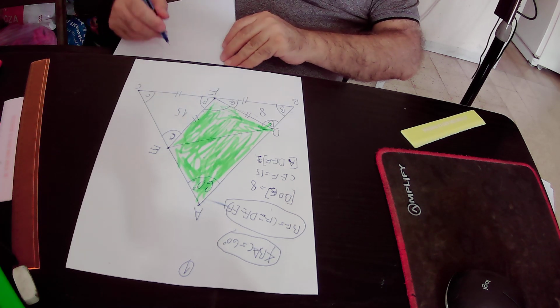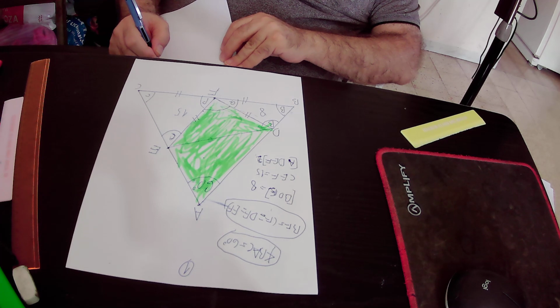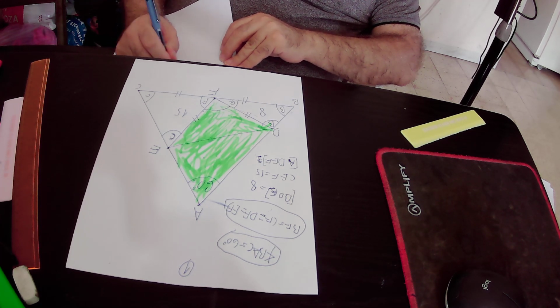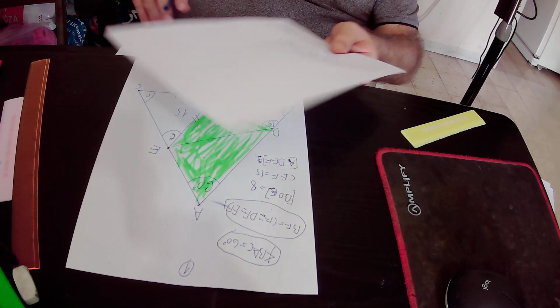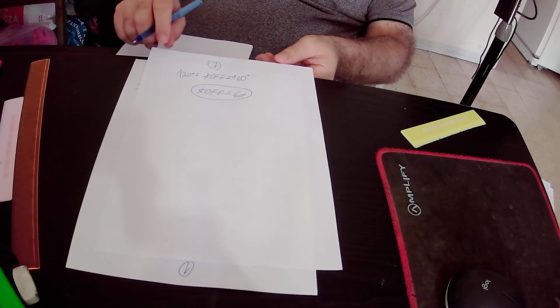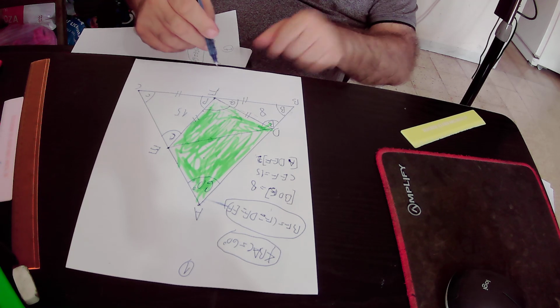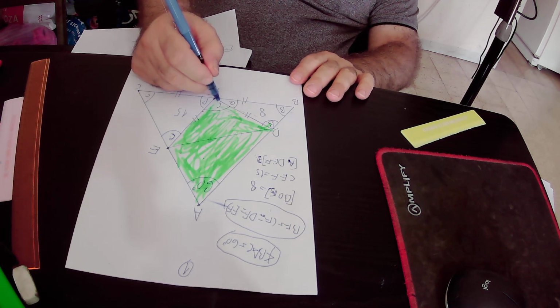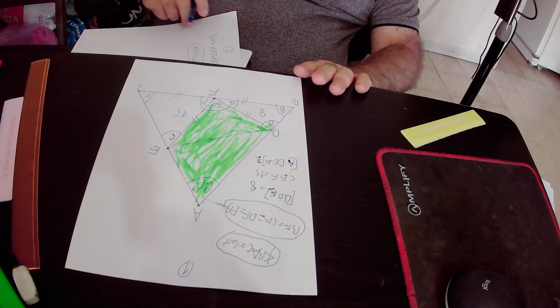So angle DFE equals 180 degrees minus 120 degrees, which is 60 degrees. Again, 180 degrees minus 120 degrees equals 60 degrees. So we found out that angle DFE equals 60 degrees. So the missing angle, this angle, angle DFE, equals 60 degrees. Okay.